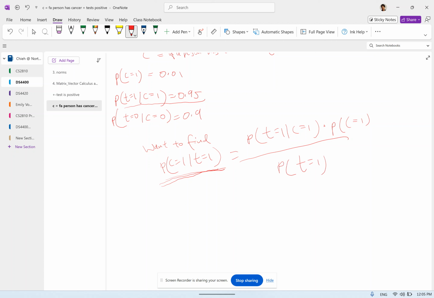And this makes sense because the result of this times this, as you probably remember from lecture, is the probability of testing positive and the person having cancer. And now you're dividing by the probability that the test is positive.